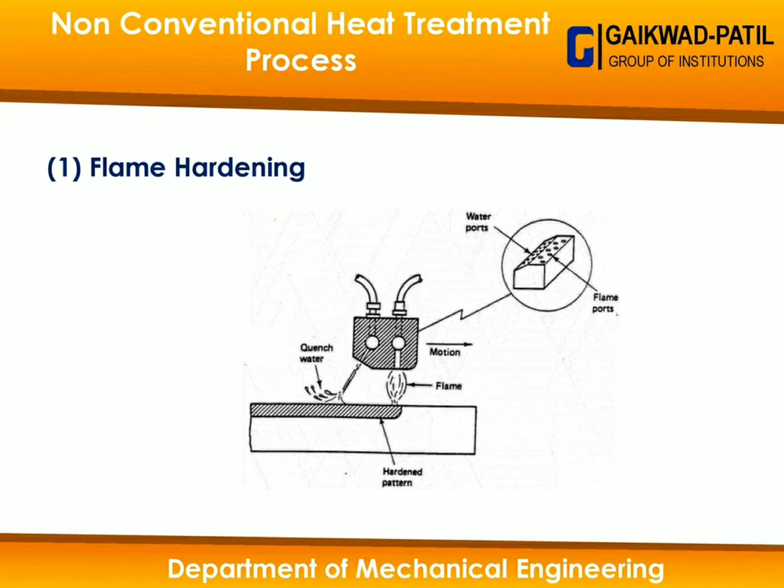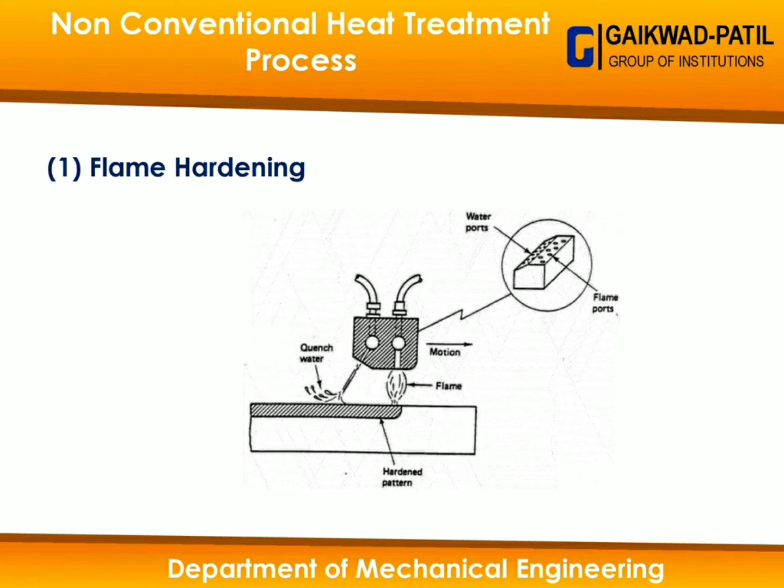That flame constantly moves over the metal part to heat it up, and at the other end of the apparatus, water is sprinkled for quenching the metal simultaneously, which hardens the metal instantly. That process is very popular nowadays. It is a new and very fast process used in industry to harden the metal to a particular depth of hardness. Right.